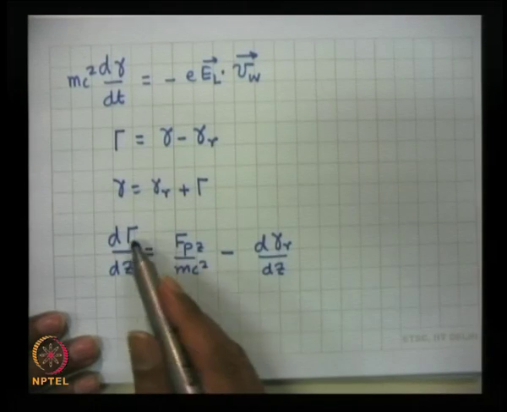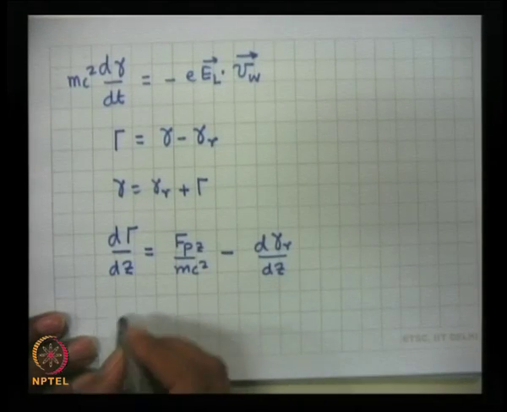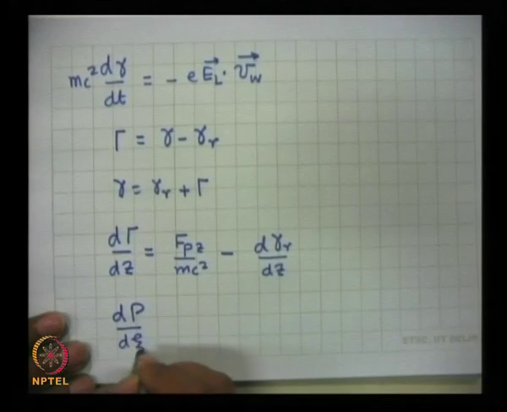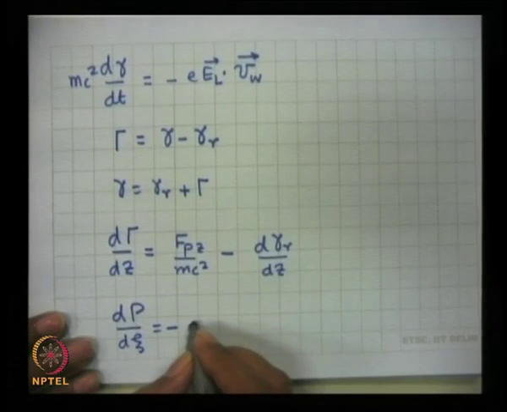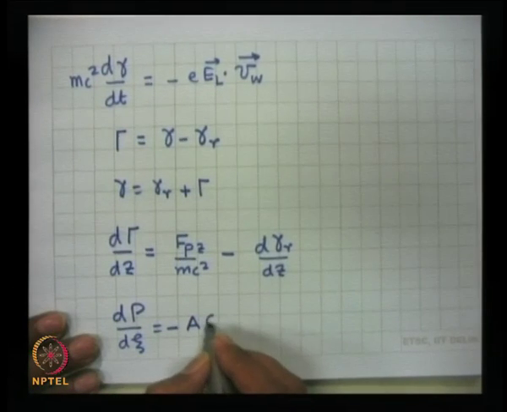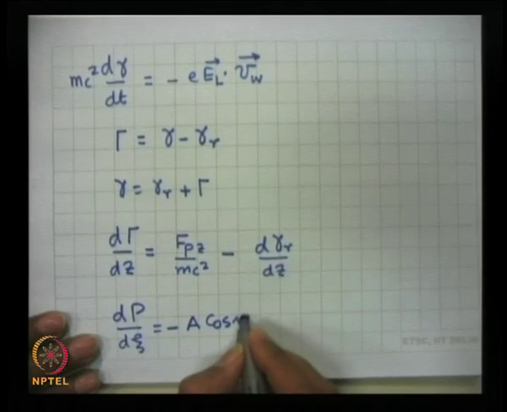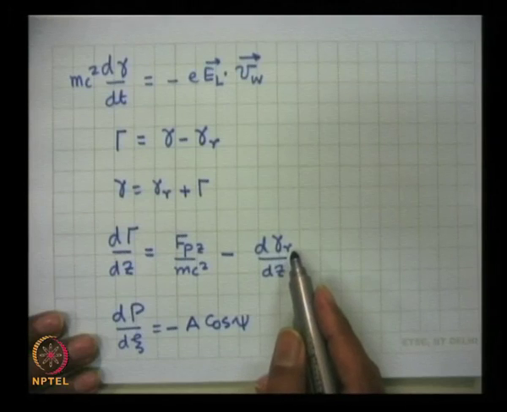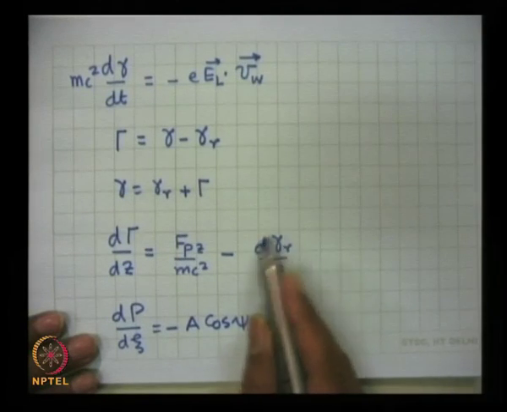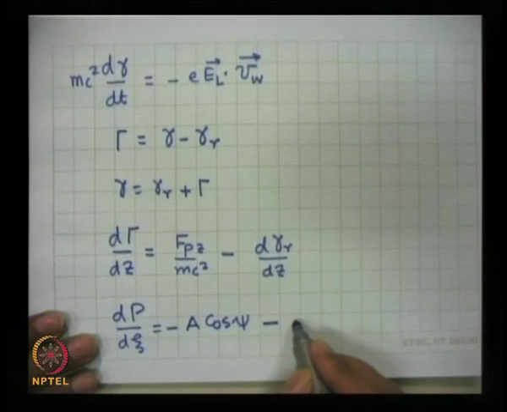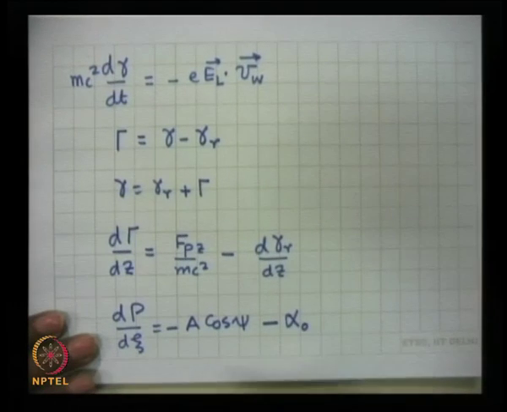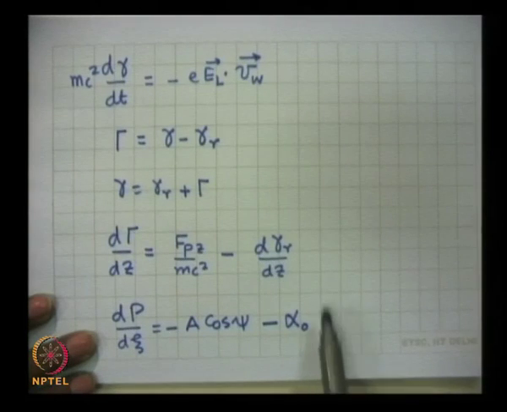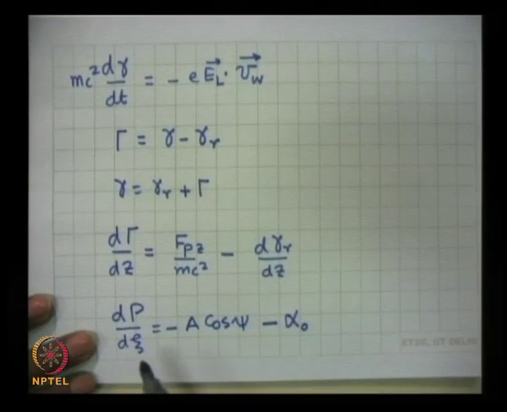Subsequently, when you normalize your quantities and write this equation in terms of p, dp by d psi, this equation is minus a cos psi, plus there is an additional term because d gamma r by dz is positive. So, this comes out to something like minus alpha 0. If the wiggler is not tapered, then this is 0, but if it is tapered, then this turns out to be like this.